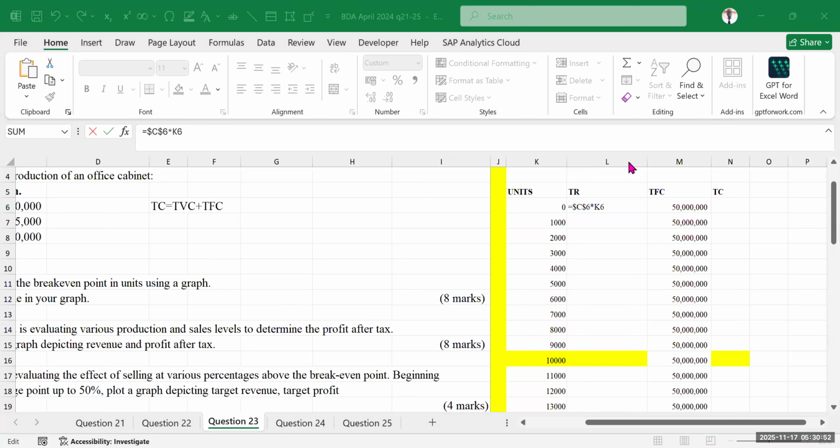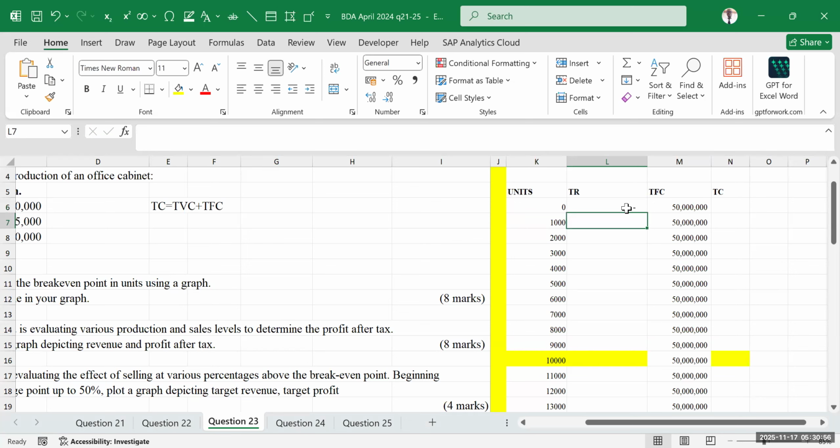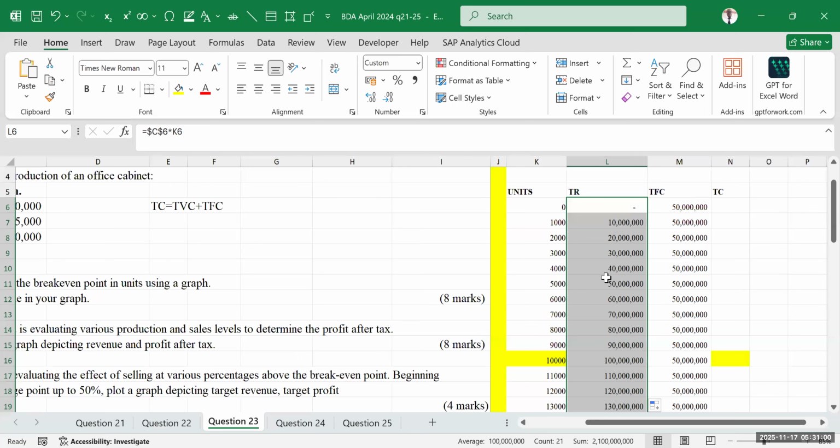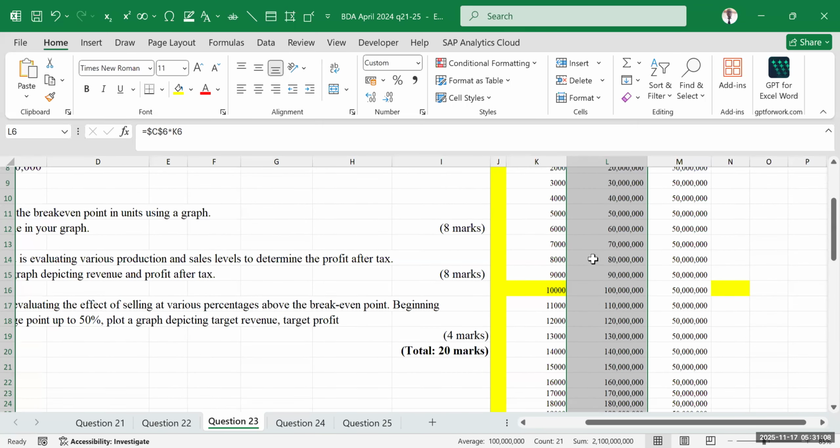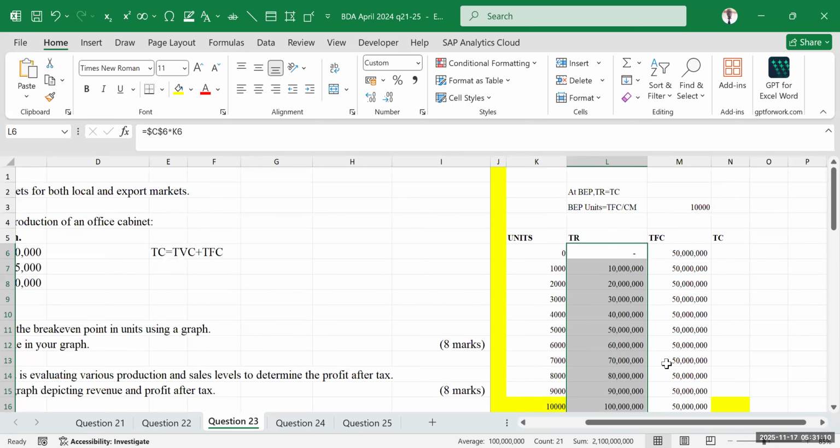All right, so after that, we already have our revenue for unit 0. So when I double click, you'll see my revenues have already been autofilled to the end for the 0 to 20,000 units there. So that is step number 1.